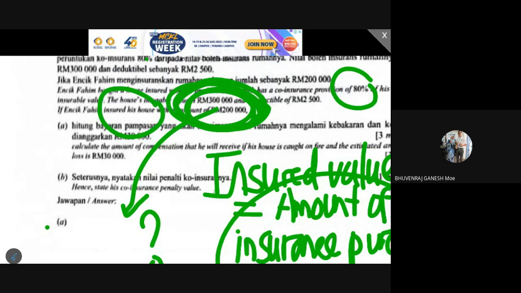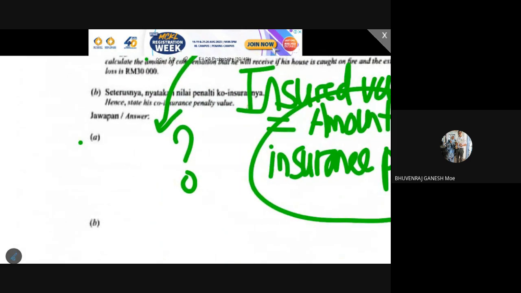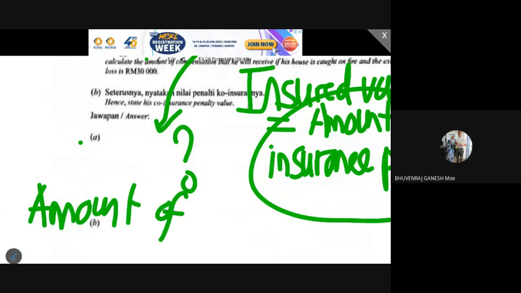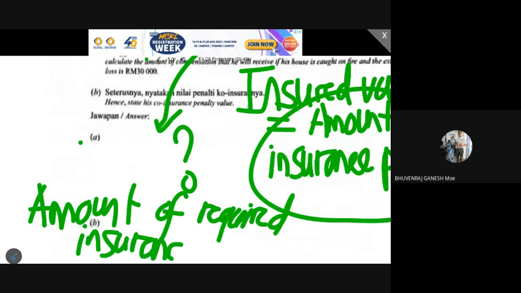Apa yang diwakili oleh quantity ini? What is the term? Insurance yang dibayar? Bukan? Others? Have you all heard this term, guys? Value of insurance? No. Have you all seen this term, amount of required insurance? Semua pernah nampak yang ni tak? Jumlah insurans yang diperlukan.